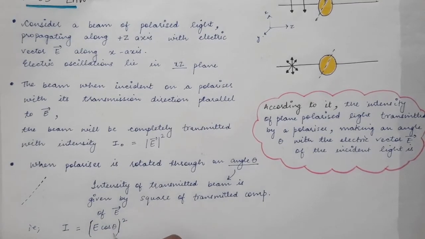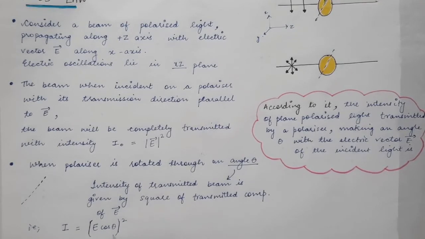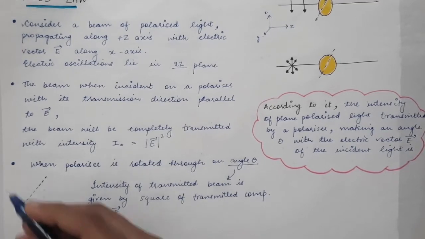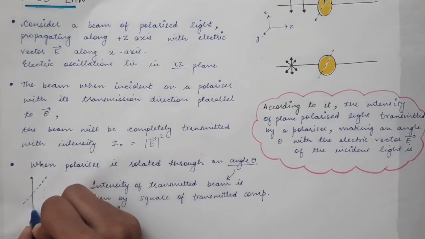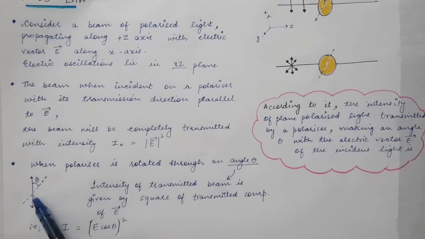We have taken the magnitude of the component that has been allowed to pass through, and that is E cos theta. So the square of E cos theta will give us the intensity of the transmitted beam. Let's say this is the transmission axis of the polarizer, and the electric field is vibrating in this direction, making an angle of theta. So obviously E cos theta will be allowed to pass through, and E sin theta will be completely blocked.